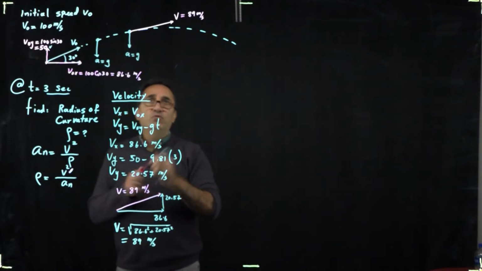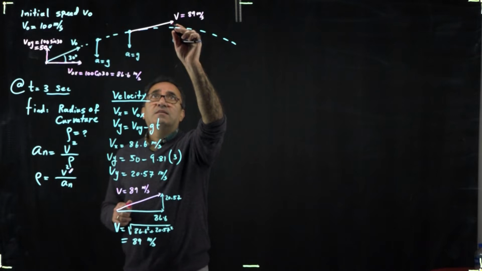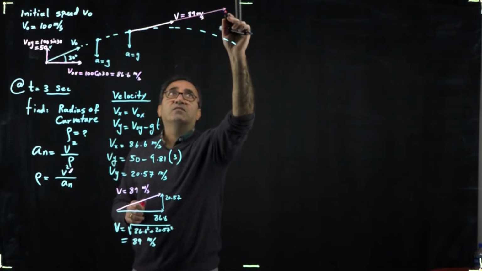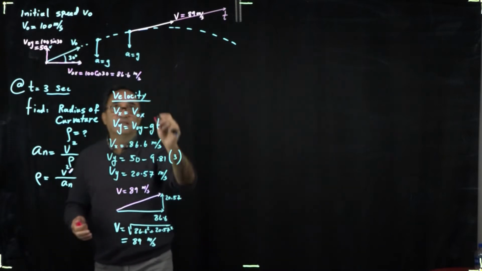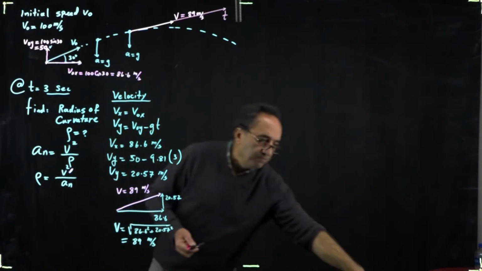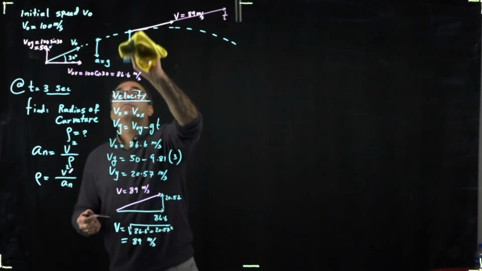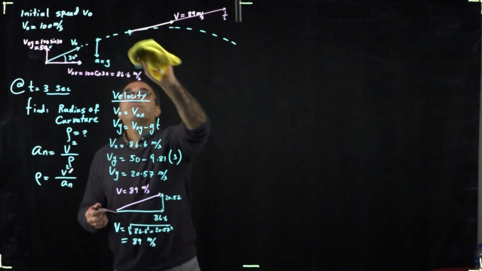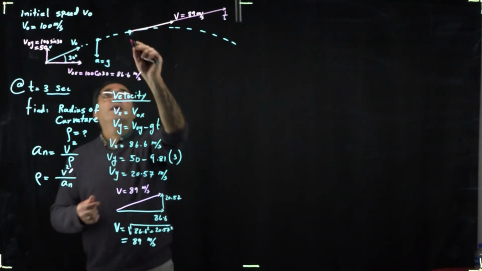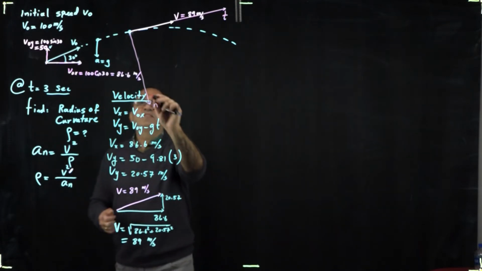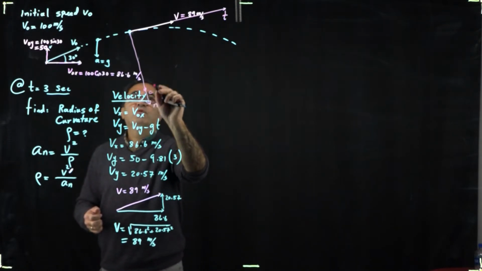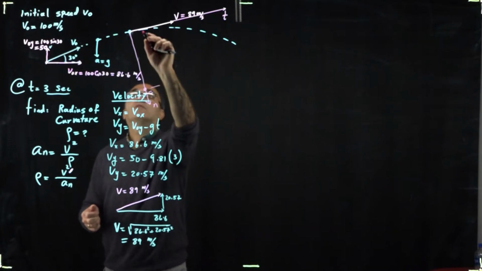Look, if you realize that the velocity is along the t-axis, or the t-axis is tangent to the path, just like velocity. Let me remove this for a second. Then the normal axis is like that, and the center of curvature is somewhere here, and what we want to determine is this radius, actually.